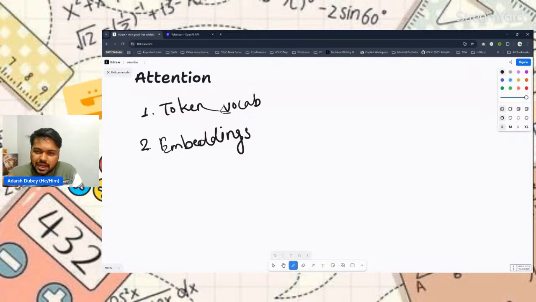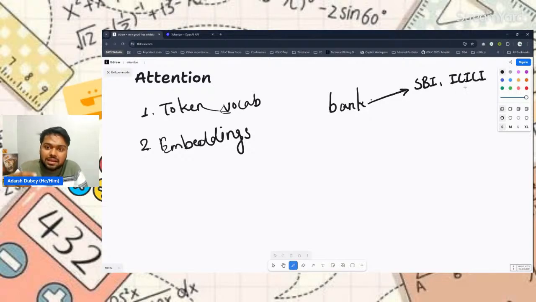You need to understand that each word has some meaning, but it will also have some context with respect to the other words. So, for example, the very famous word bank. In one context, it might mean the financial bank we go to, the bank we visit, like ICICI.